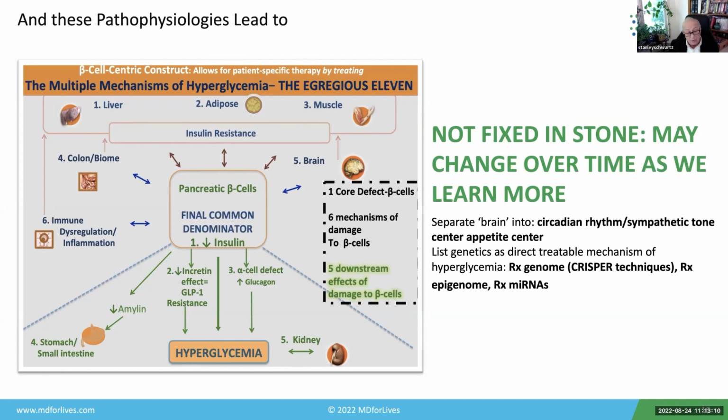And you have abnormal kidney function that can result from the hyperglycemia that results from everything above. And you'll eventually, and I'll repeat this later, treat the most number of mechanisms of hyperglycemia, just that we reviewed, with the least number of drugs.